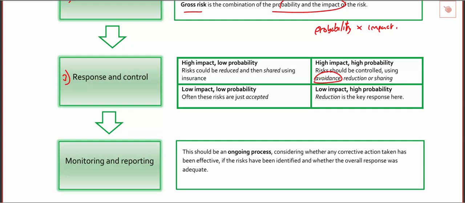If I've got high impact, so something that could damage me greatly but it's low probability, like a big fire in my warehouse, I can either reduce it by having good safety procedures, or I can share it, for example, by getting some sort of fire insurance. Low impact but high probability, I'll just do my best to reduce it. It's going to happen, or it's likely to happen, but it doesn't really impact me that much, so I can just try and reduce that to its minimum possible threat. And then low impact, low probability, we just accept those risks. So these are risks that are going to be pretty rare, and actually they don't really make a big difference on us at all.